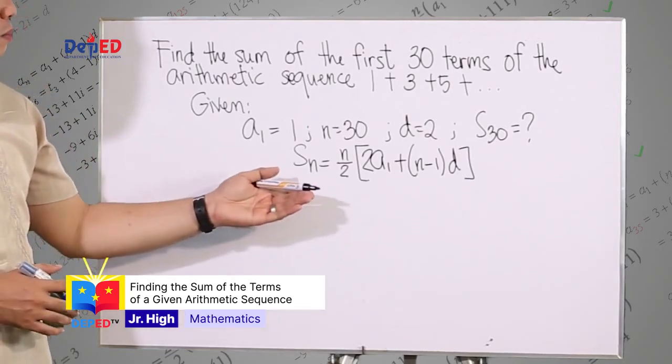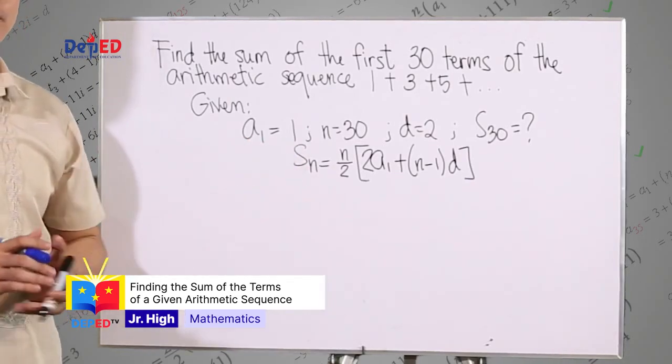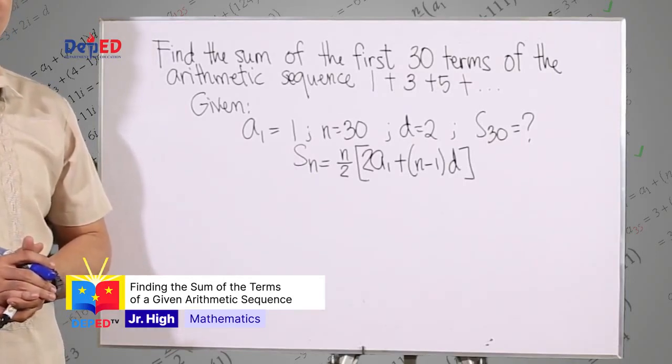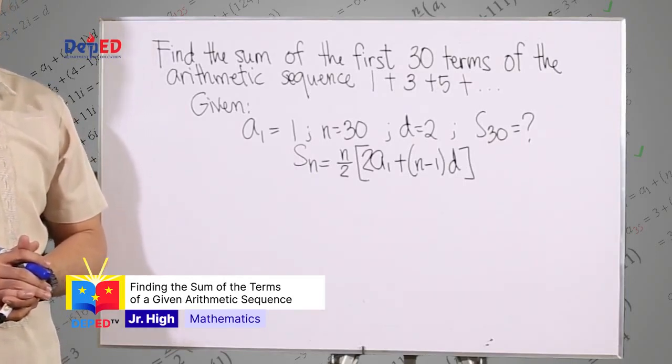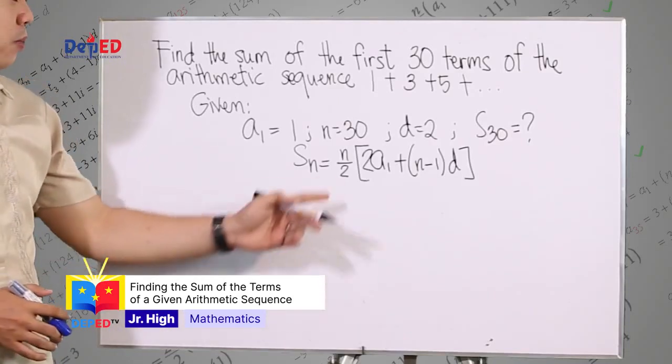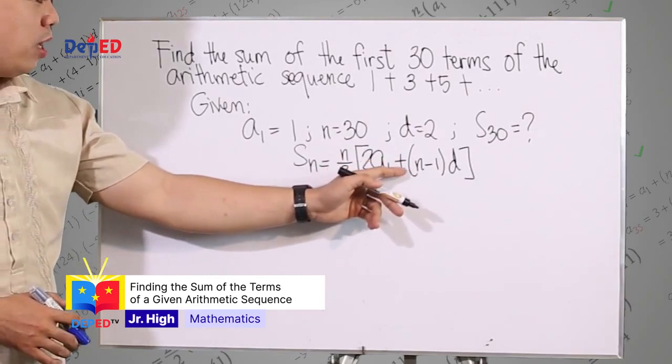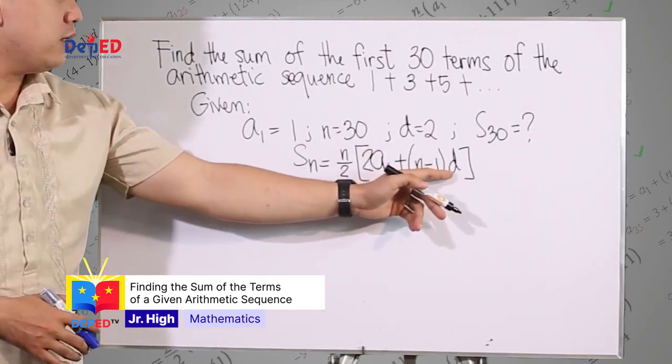With this problem, the last term is not given, so we will use the formula S sub n is equal to n divided by 2 times the quantity 2 times a sub 1 plus n minus 1 times d.